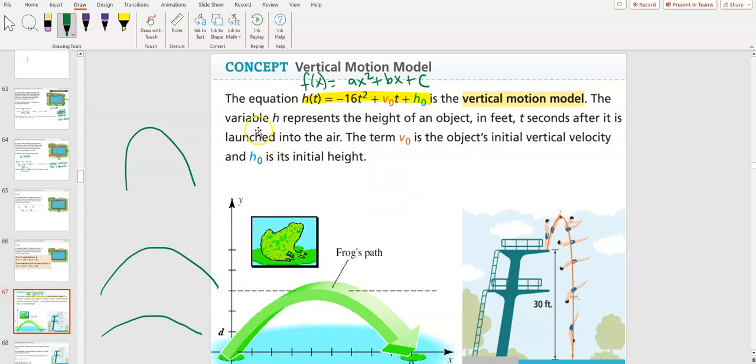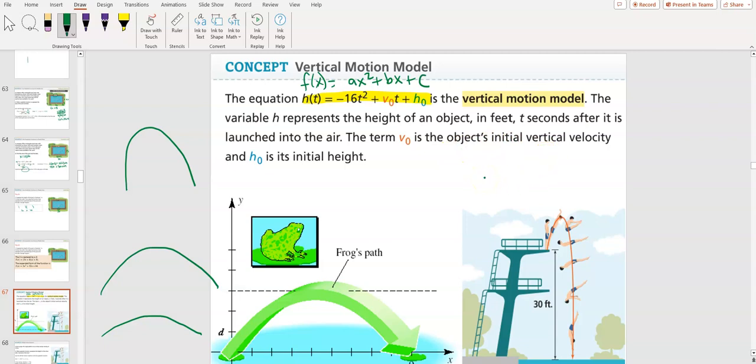Okay, so the variable h represents the height of an object at a specific given time, that's t, the time after it's launched into the air, and it is going to be represented by this formula right here. The term v sub 0 is the object's initial vertical velocity.